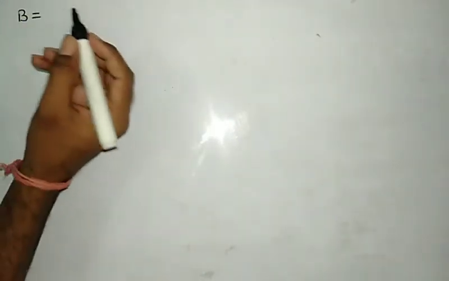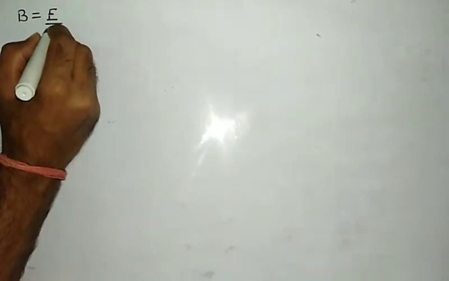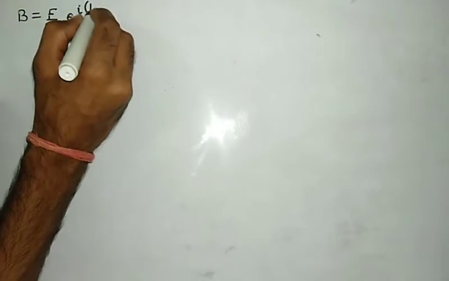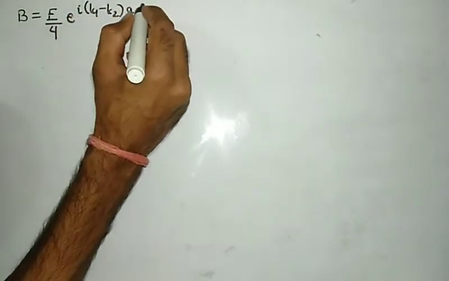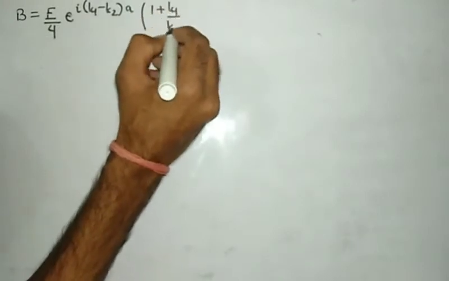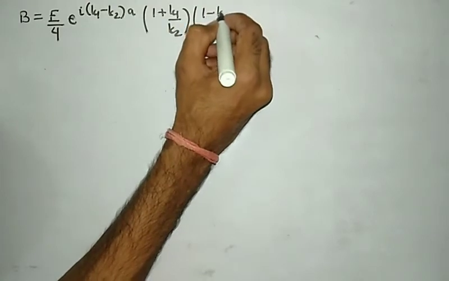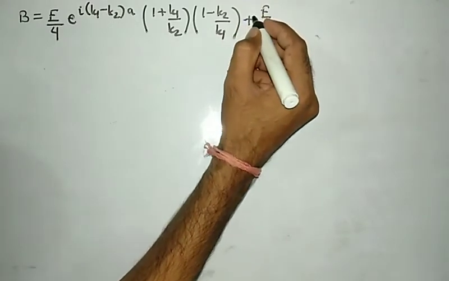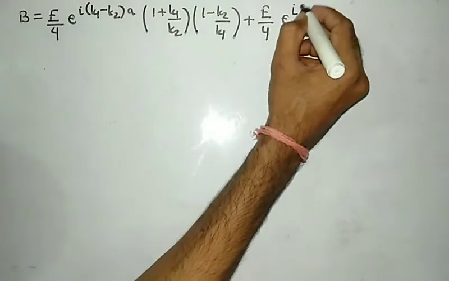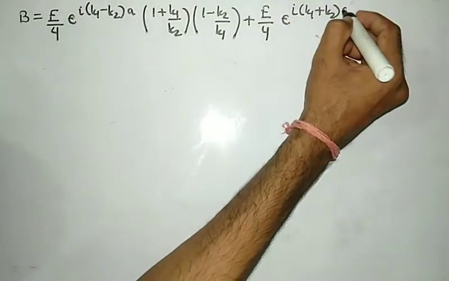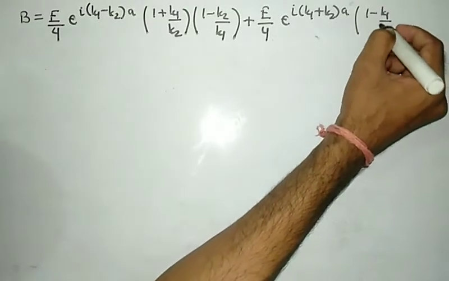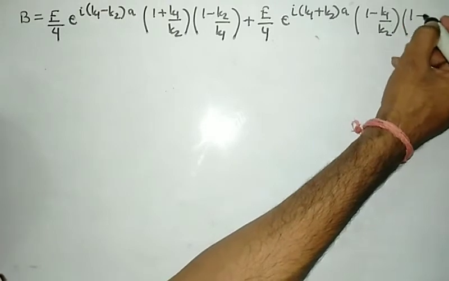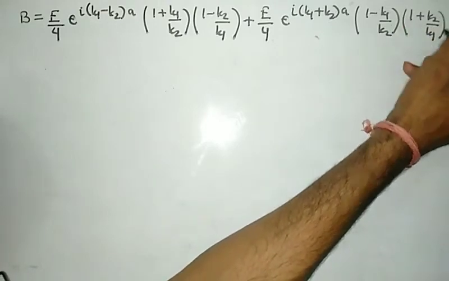So we get the value of B as B is equal to E by 4 e to the power i (k1 minus k2) a, 1 plus k1 upon k2, 1 minus k2 by k1, plus E by 4 e to the power i (k1 plus k2) a, 1 minus k1 upon k2 and 1 plus k2 by k1, as we have shown in that equation.